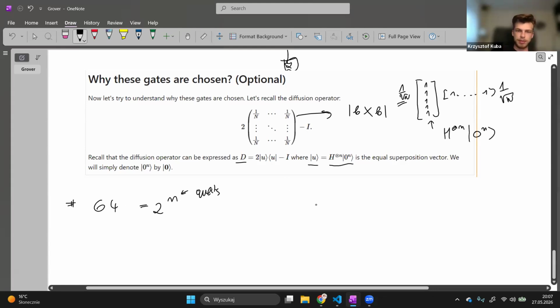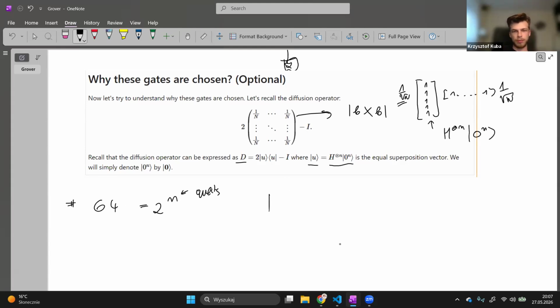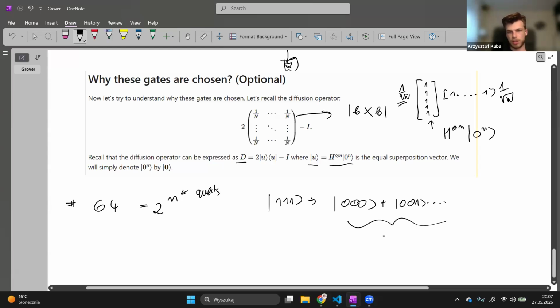Because if we're searching, for example, for 111, then we can create a superposition of all the states, which are 000, 001, and so on. And there are 2 to the n of those possible states.